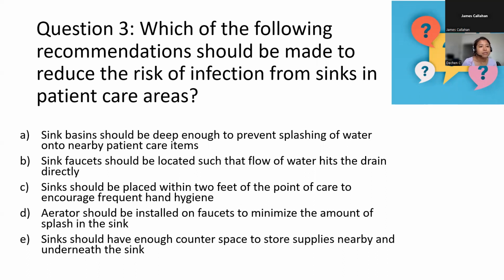Or C, sinks should be placed within 2 feet of the point of care to encourage frequent hand hygiene. Or D, aerators should be installed on faucets to minimize the amount of splash in the sink. Or lastly, E, sinks should have enough counter space to store supplies nearby and underneath the sink.